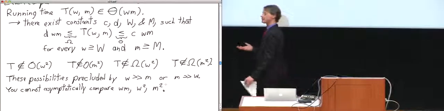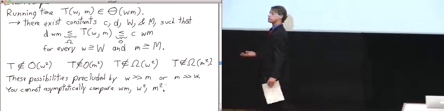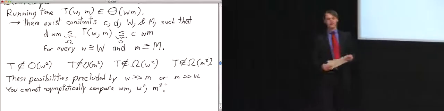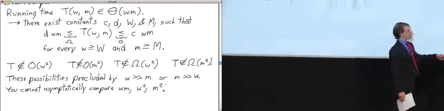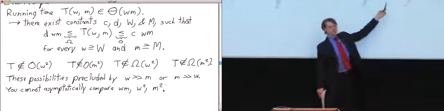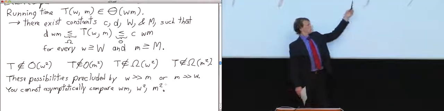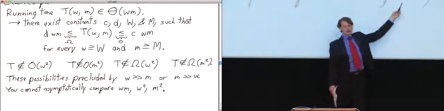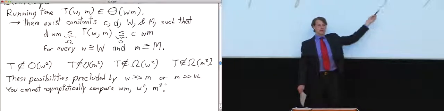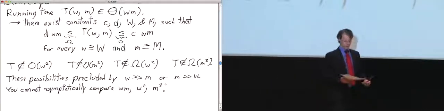They're fundamentally different functions. And this is something that you have to deal with whenever you have functions of two variables, is that you can't compare Wm with W squared because you don't know that there won't be way more men than women, and you don't know that there won't be way more women than men. So you have to include both of them if your running time involves both of them.